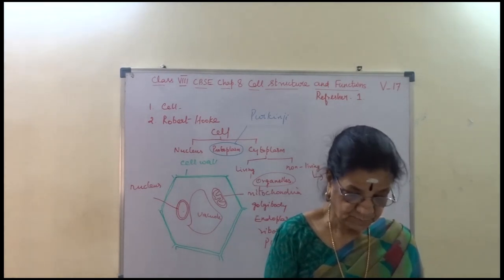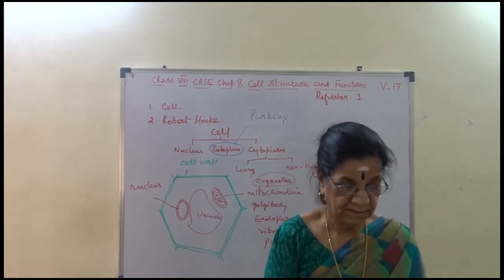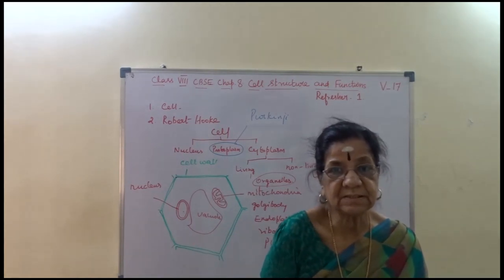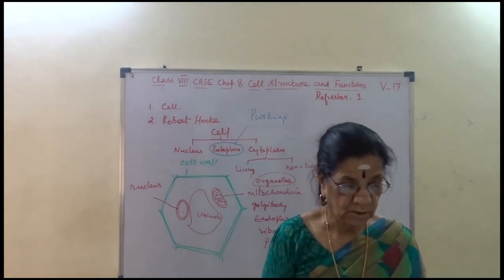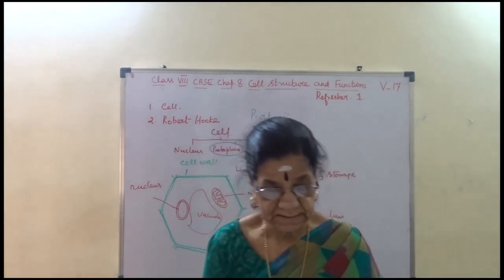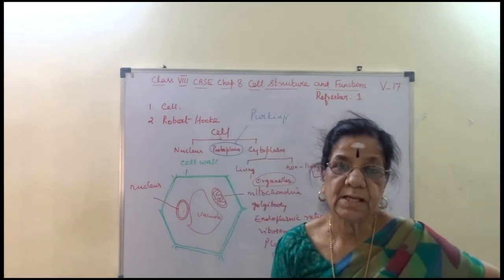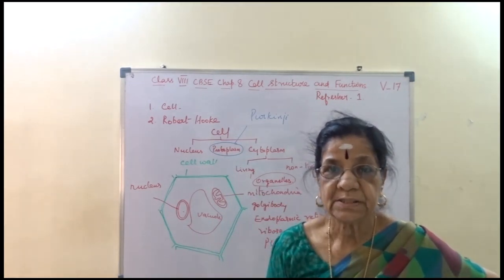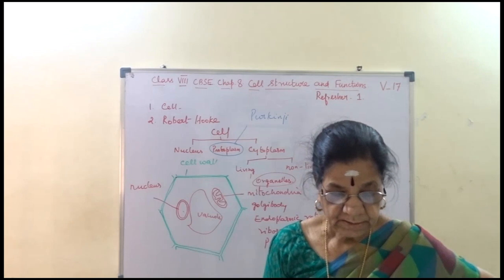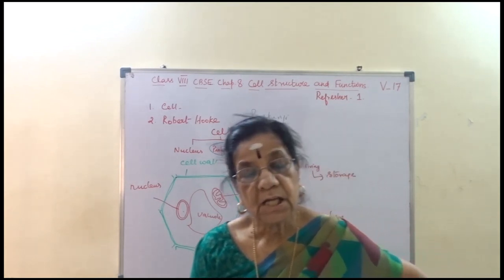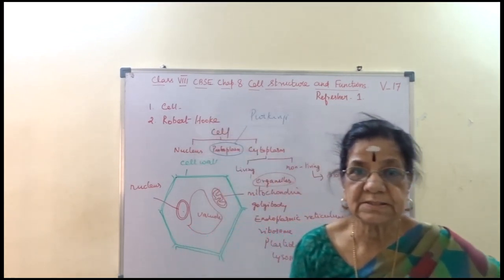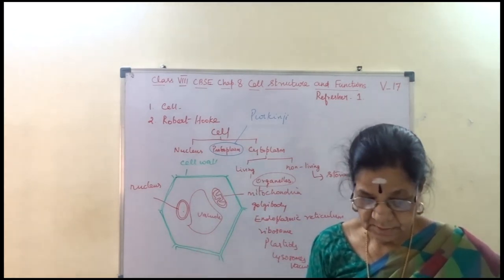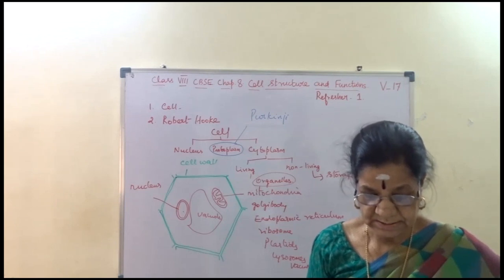Plant cell has a rigid cell wall, animal cell lacks it. Plant cell is larger in size, animal cell comparatively smaller. Plant cell has a large vacuole, whereas in animal cell it is absent, or if present, small in size.